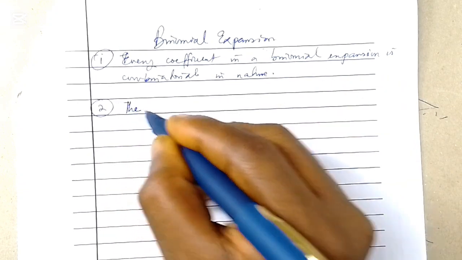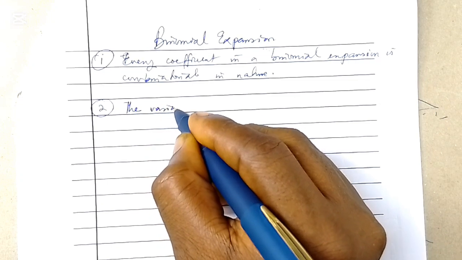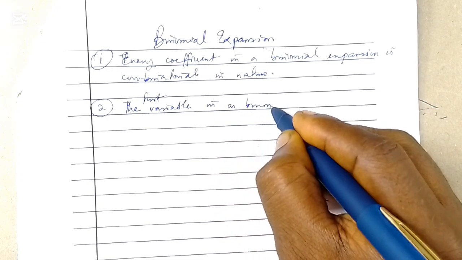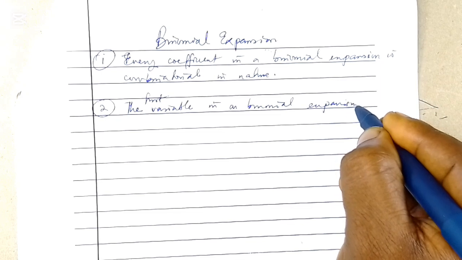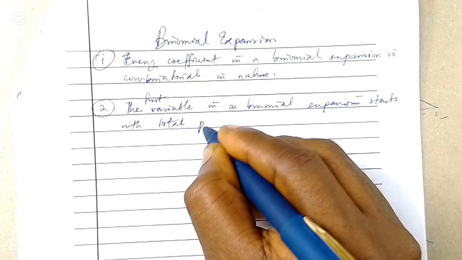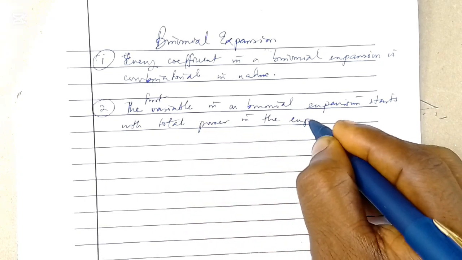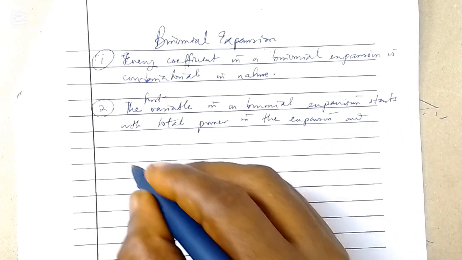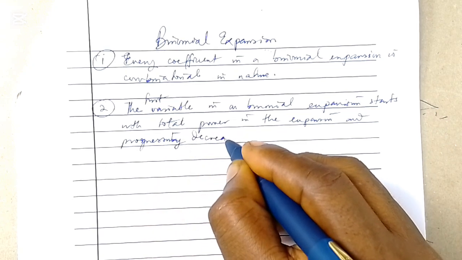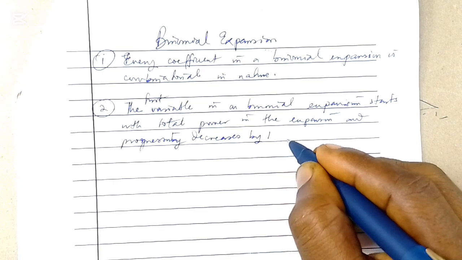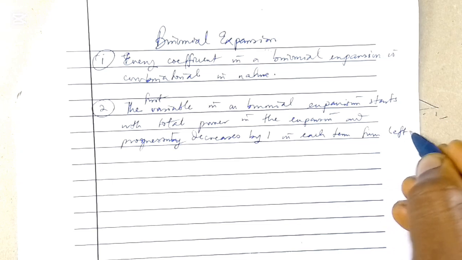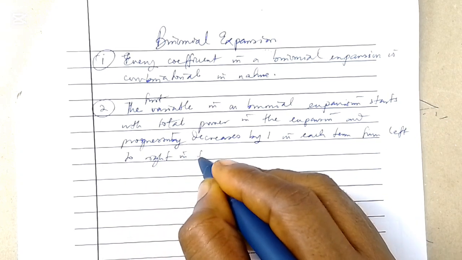the first variable in a binomial expansion starts with the total power in the expansion, and progressively decreases by 1 in each term from left to right in the expansion.